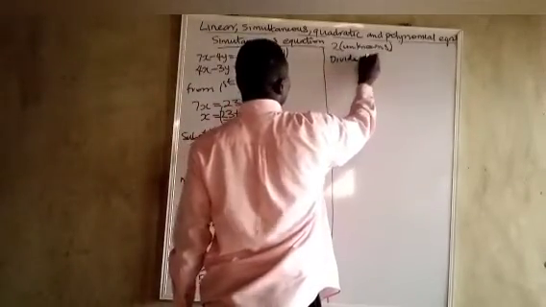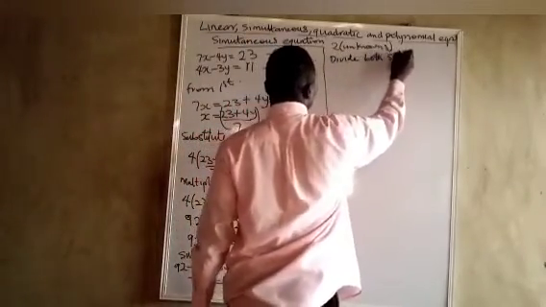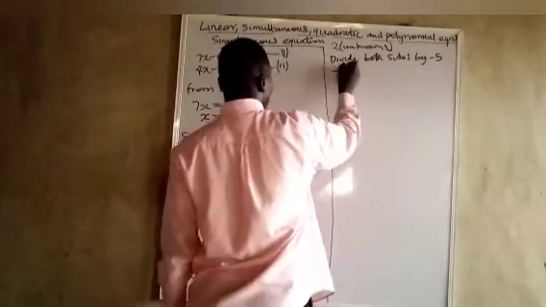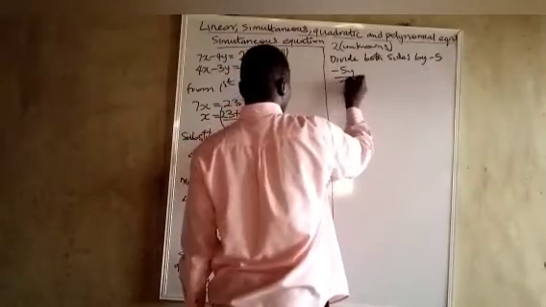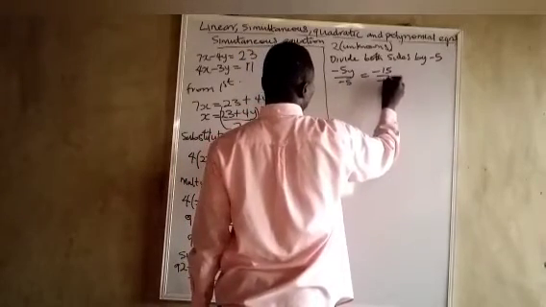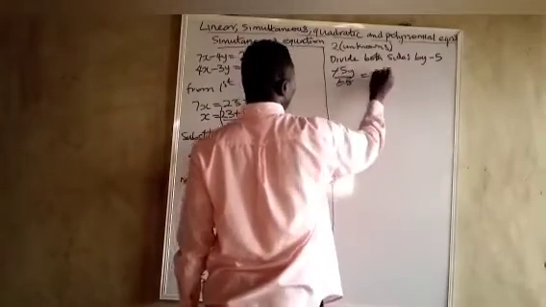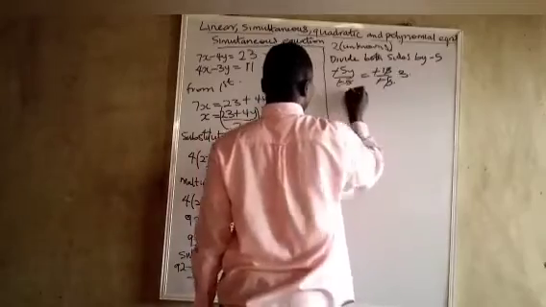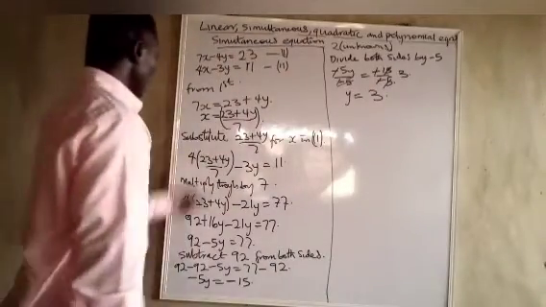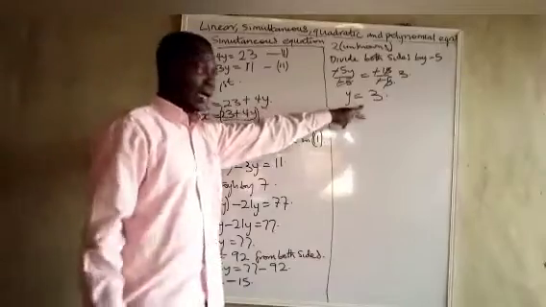Minus 5y divided by minus 5 is equal to minus 15 divided by minus 5. So y equals 3.